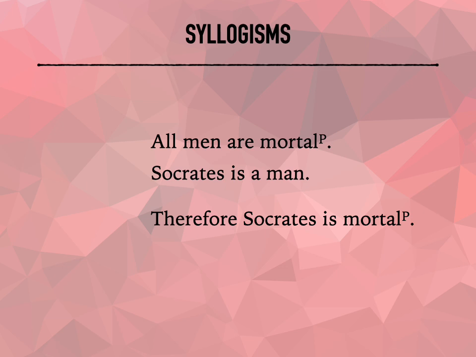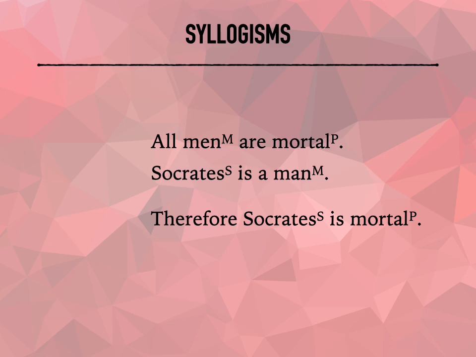I'll just mark it both times it occurs. Socrates is the minor term, which we're going to mark with S. We're going to mark it in both places it occurs. And this makes men my middle term. We can see that men is the term that's connecting mortal and Socrates.